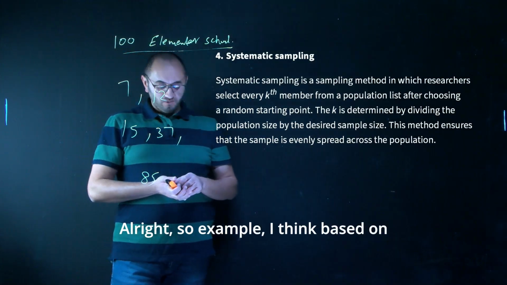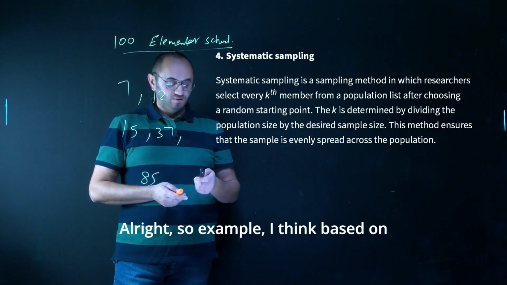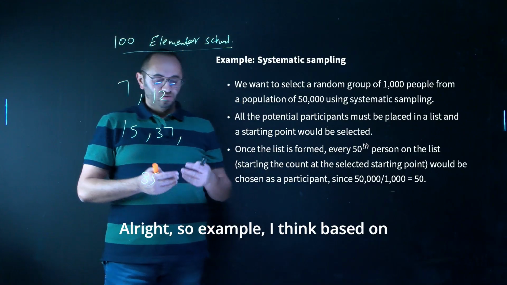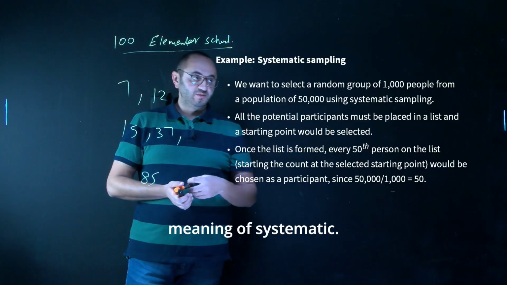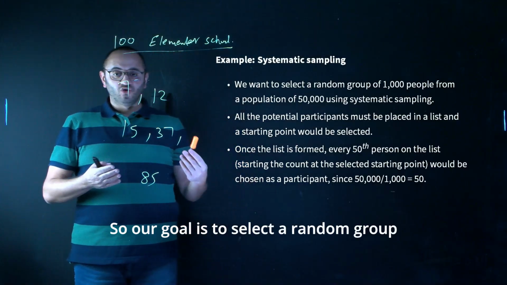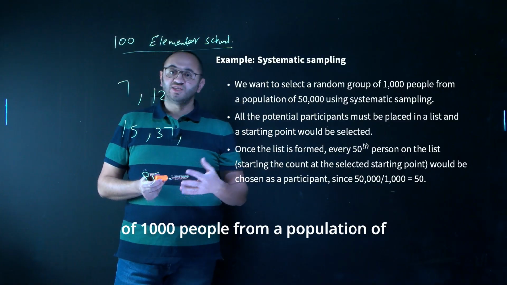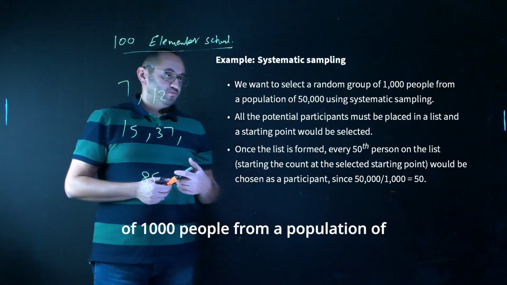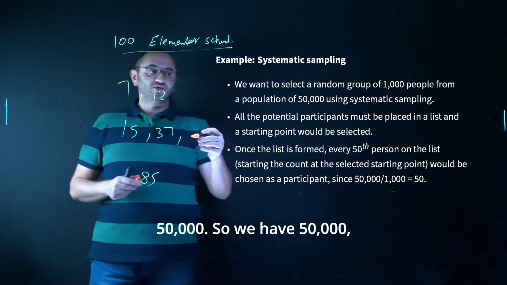I think based on this example, we can understand the meaning of systematic. Our goal is to select a random group of 1,000 people from a population of 50,000.